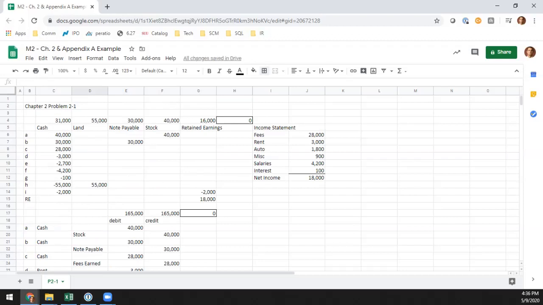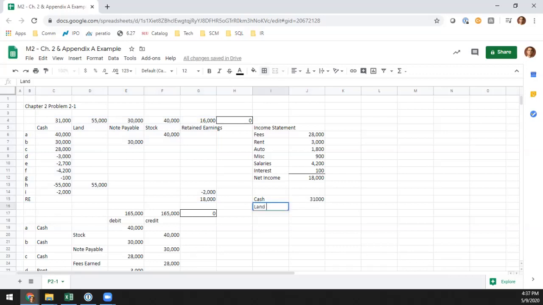Okay, our integrated financial statements are actually built now. So this is our balance sheet, and it looks kind of funny, but what it ends up as, and I'll just type it over here, is we have a cash balance of $31,000.